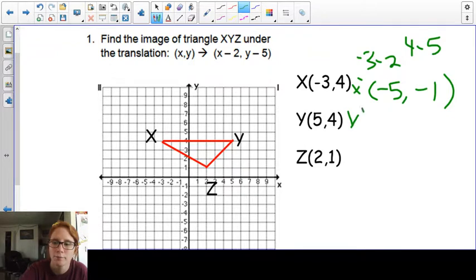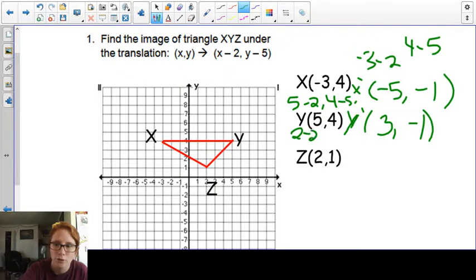Y prime will be at 5 minus 2, which is 3. 4 minus 5, which is at negative 1. We have 2 minus 2, which gives me 0. And 1 minus 5, which gives me negative 4.